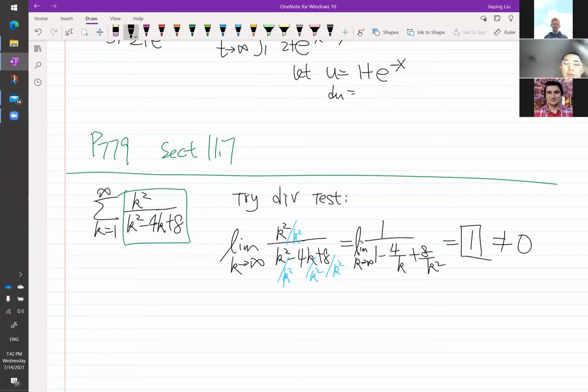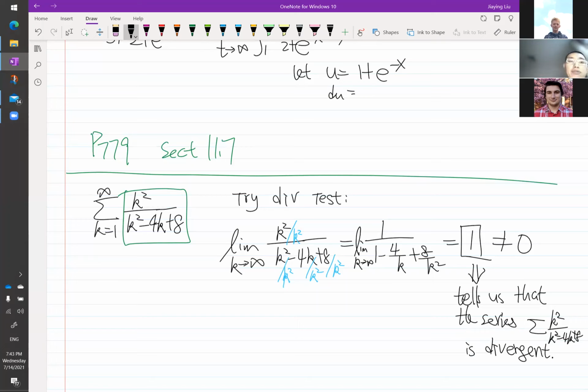Oh, the sum is not 1. So when we take the limit, we end up with 1. Because this value is not 0, it tells us that this series, k squared over k squared minus 4k plus 8, is divergent.